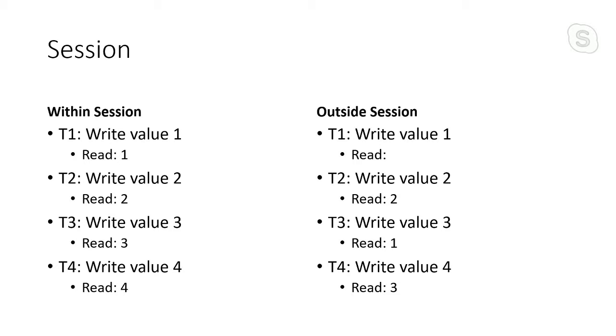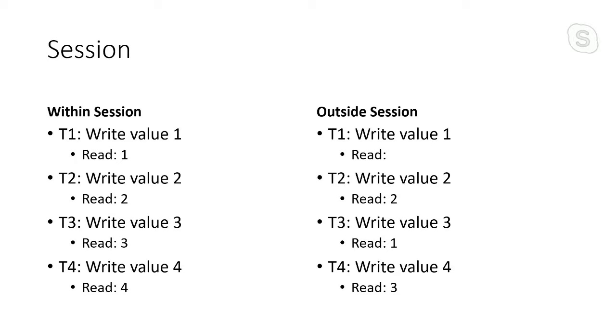Keep them coming. In this one, you'll see that on the left side, it's strongly consistent, but on the right side, where it says outside of the session, you can see that it's completely gone wacky. When I write value 1 and then I try to read it, I don't get anything. When I write value 2, I get it immediately. And when I write value 3, I seem to get value 1.